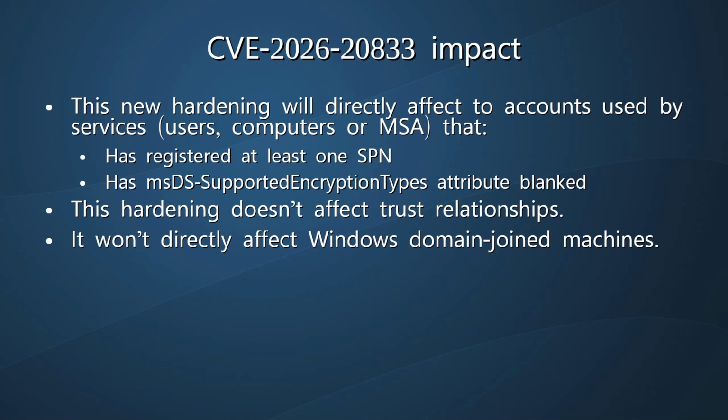And if that is not a Windows machine that completed the domain join process, then the msDS-SupportedEncryptionTypes attribute could be not filled in. And in that specific situation, it can be affected by this hardening.